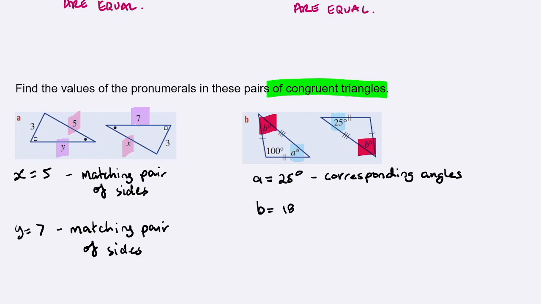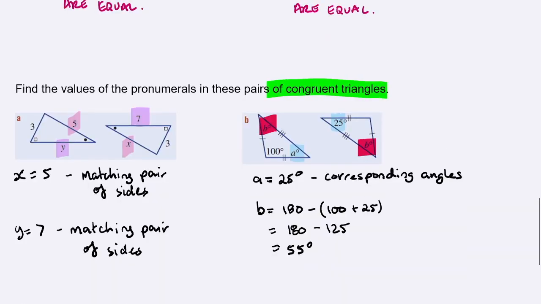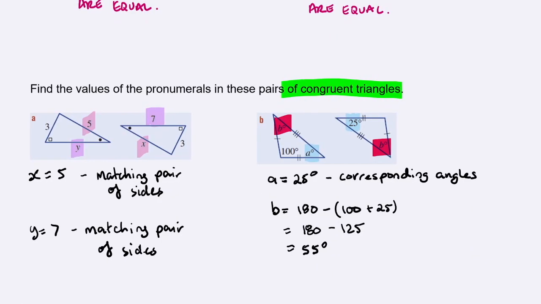So B is going to be 180 minus 100 plus 25, which is 180 minus 125, and that gives us, for our answer, the mighty number of 55 degrees. 55 degrees, and that is the angle sum of a triangle. That is the base for congruency.